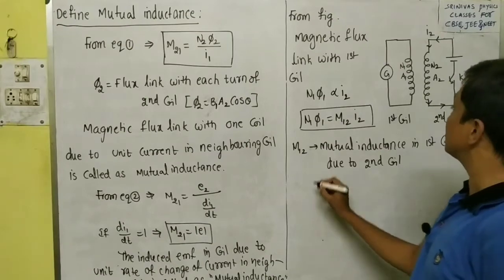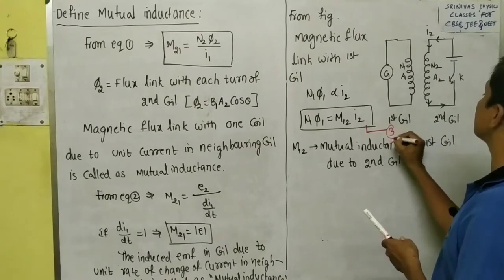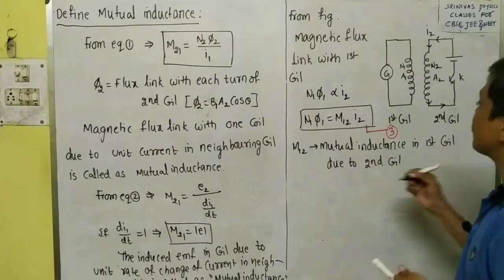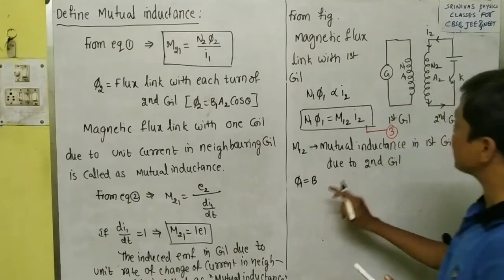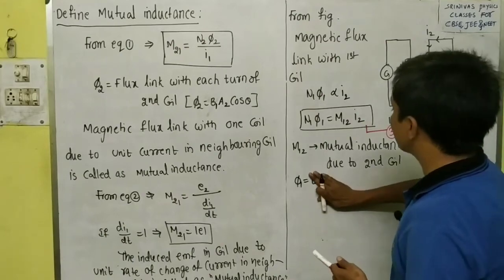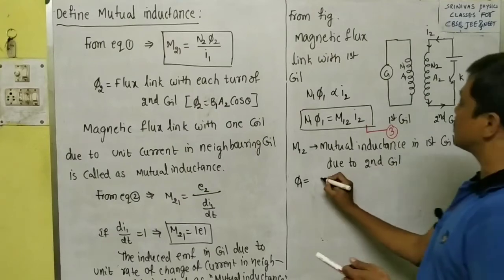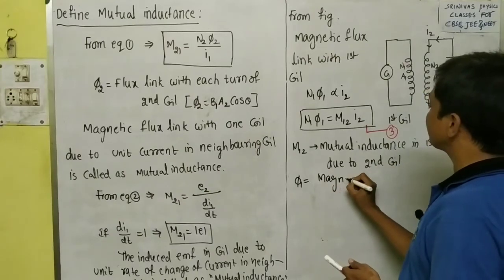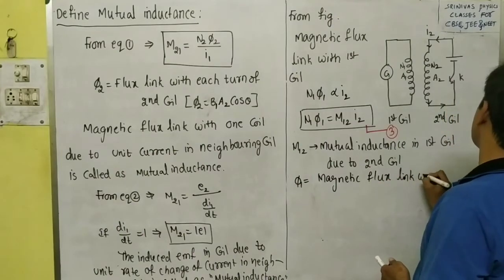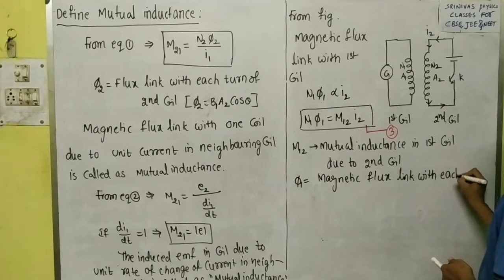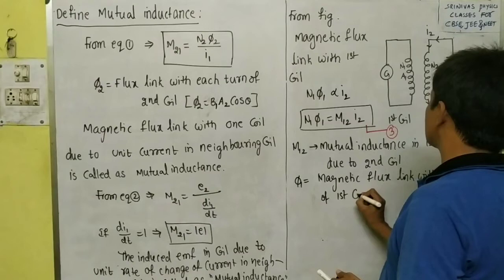This we consider as equation 3. Now I want the induced EMF in the first coil. Phi 1 is the magnetic flux linked with each turn of the first coil, meaning only one turn.